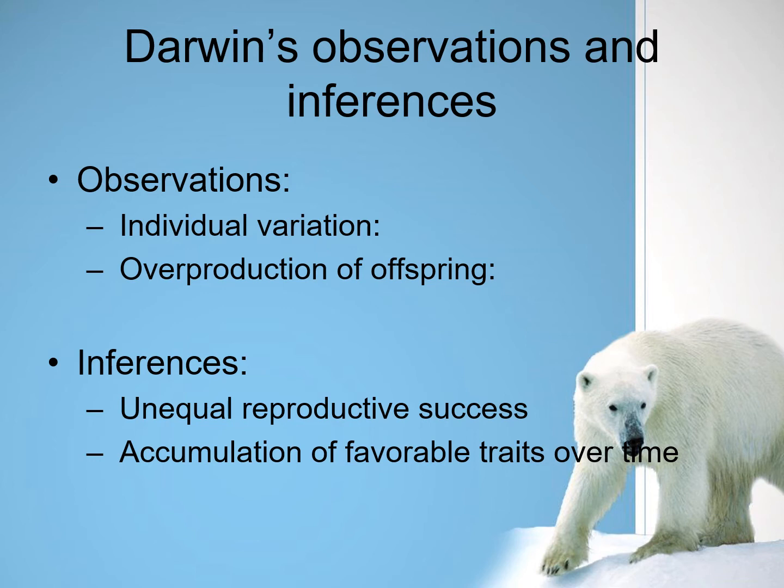Those kittens in that litter are not going to have the same chance at being reproductively successful. Because in order to be reproductively successful, you have to find a mate. And in order to find a mate, you have to have energy. In order to have energy to go out and find a mate, you have to have eaten. And in order to have eaten, you have to have not been eaten yourself by a predator, right?